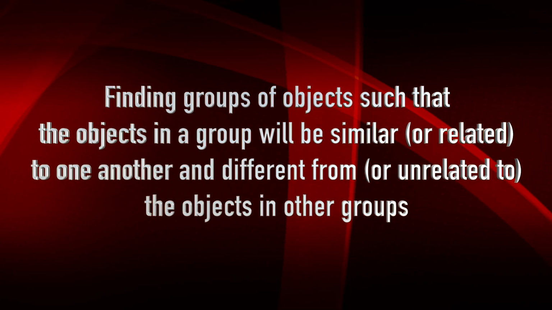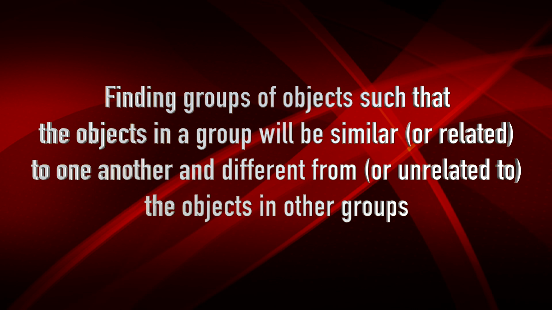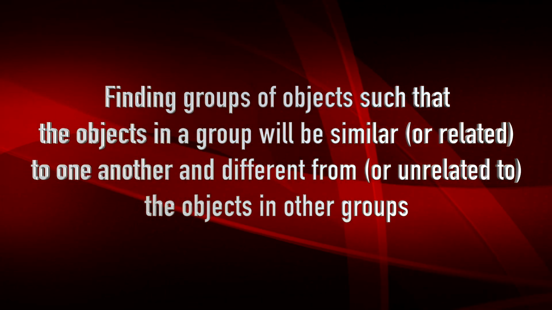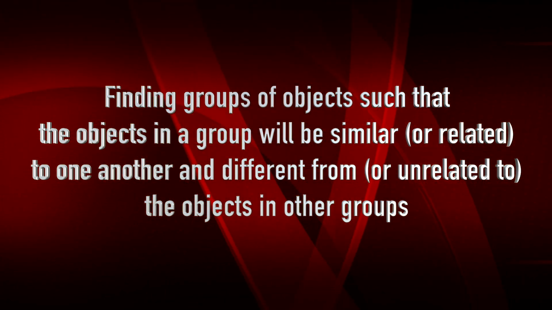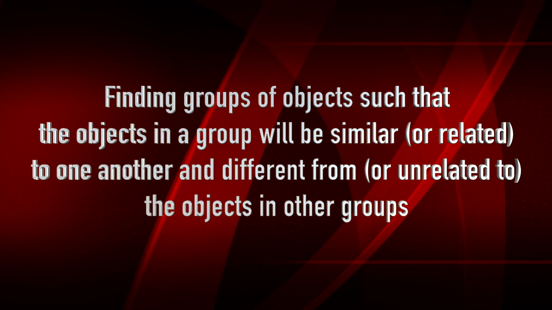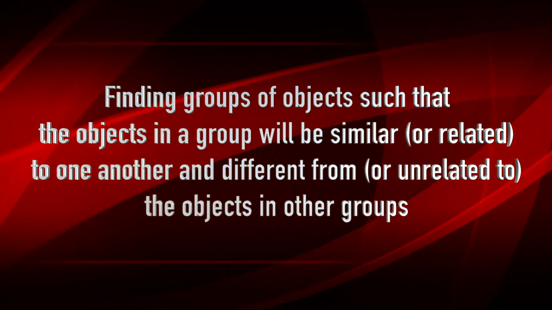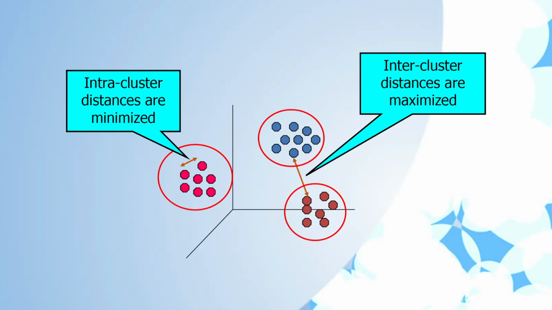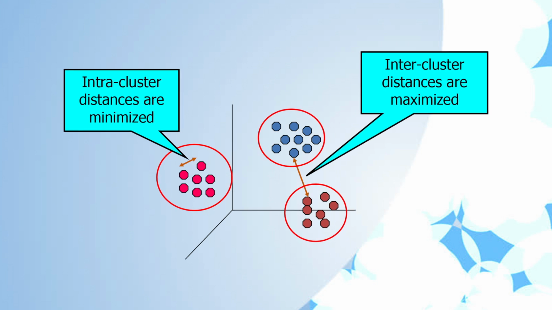We will now see what is cluster analysis. Cluster analysis is finding groups of objects such that the objects in a group will be similar or related to one another and different from or unrelated to the objects in other groups. Within a cluster, the distances between the objects should be minimized.